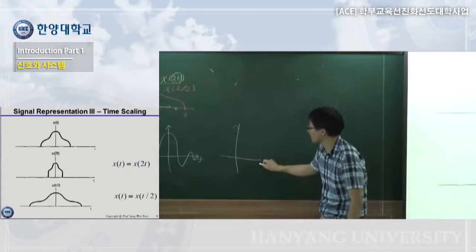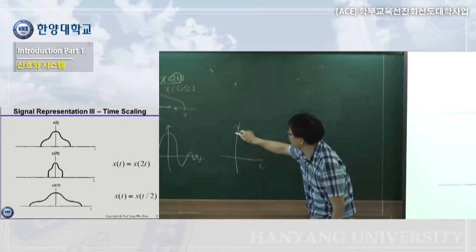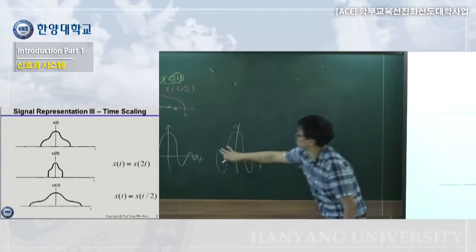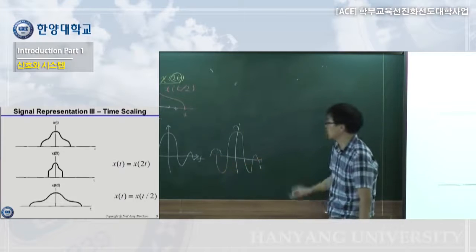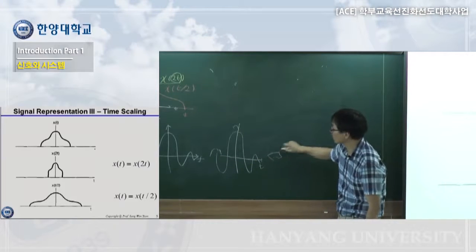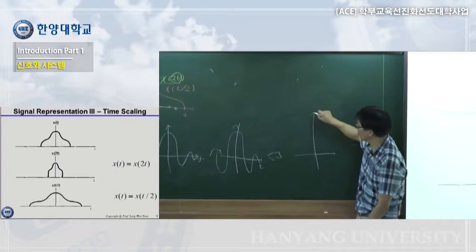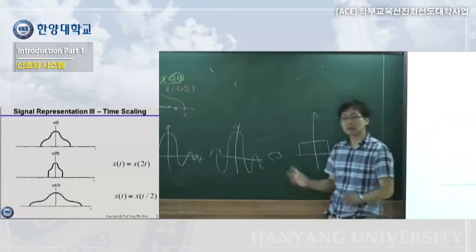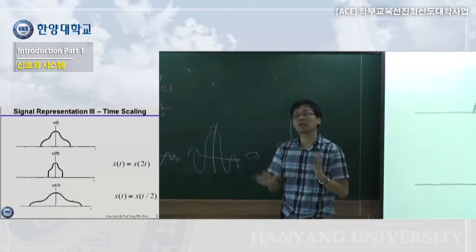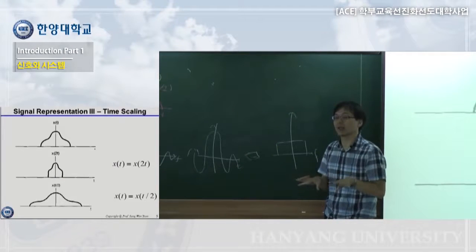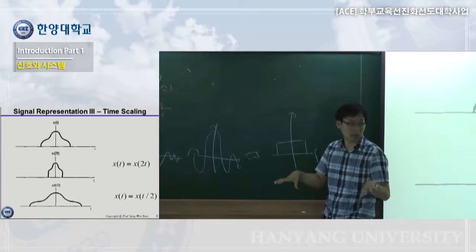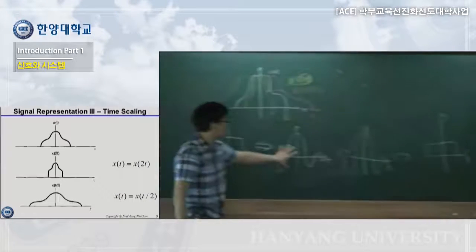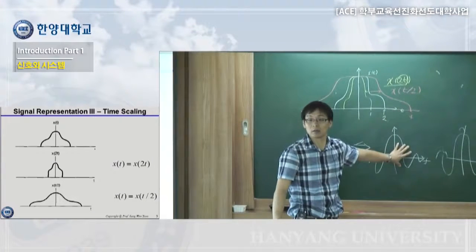Let's have a concept. If you have this sinc function in time domain, the corresponding frequency domain signal is rectangular. This is called duality or similarity. If you have a rectangular signal in time domain, you will have a sinc function in frequency domain.